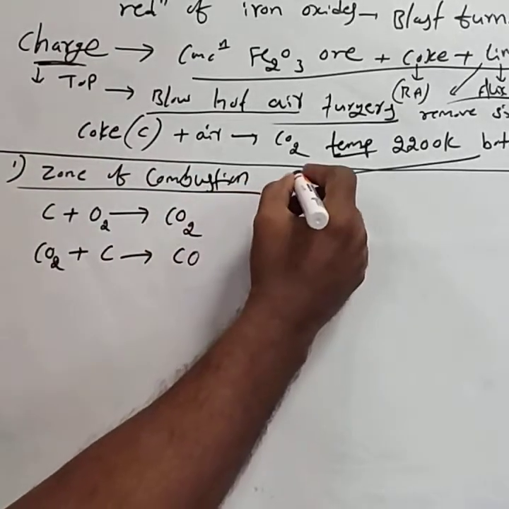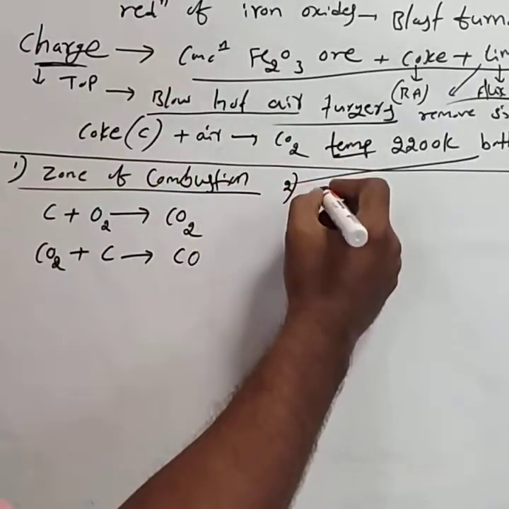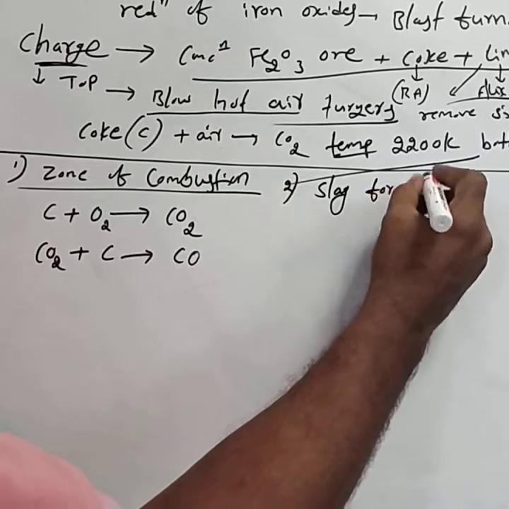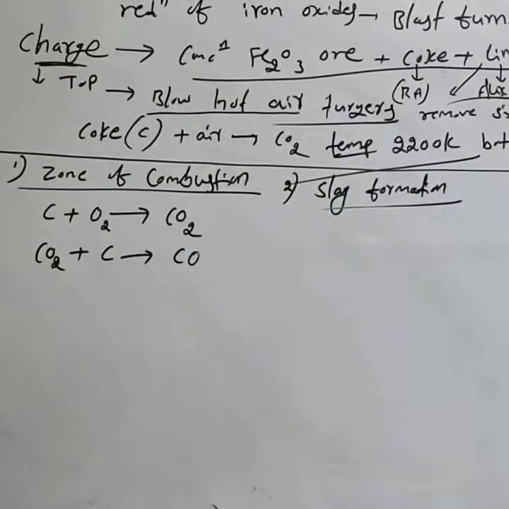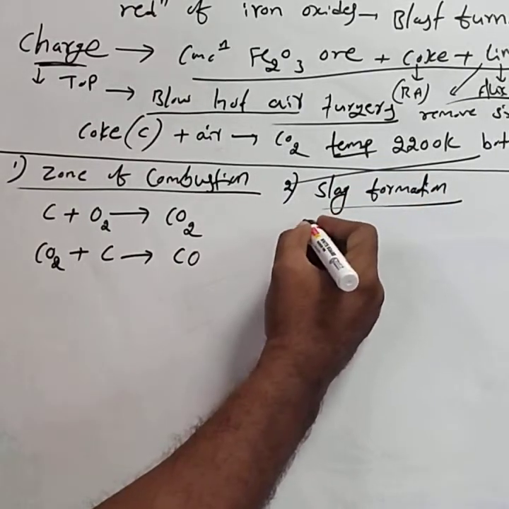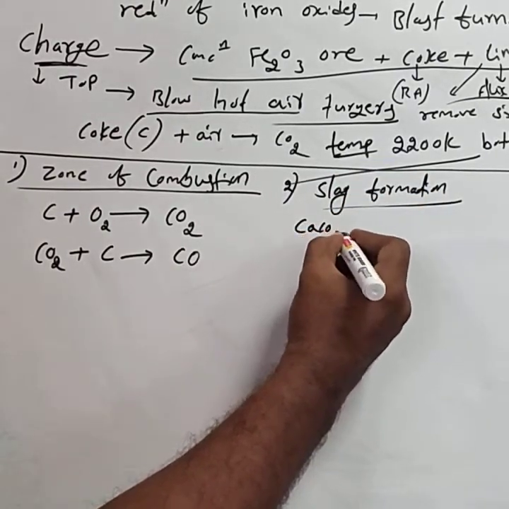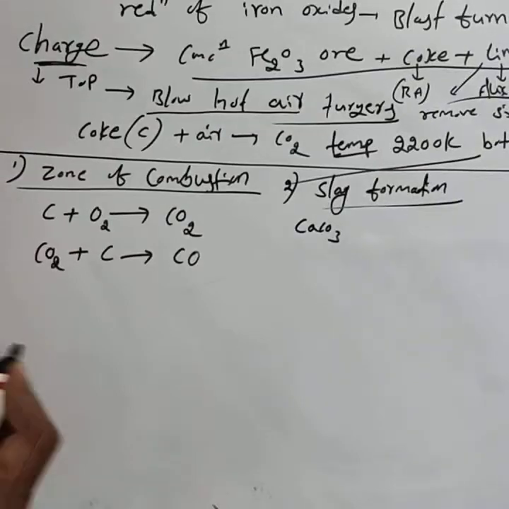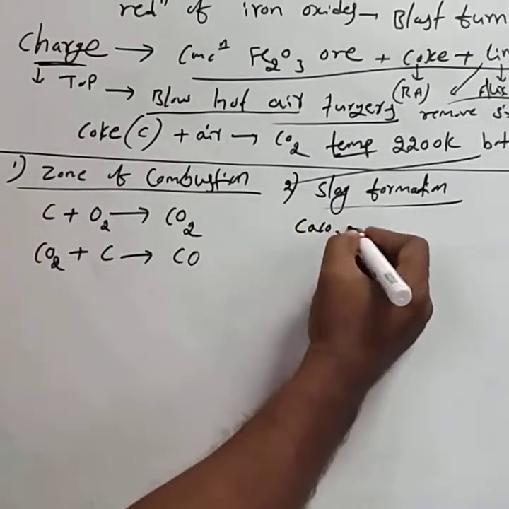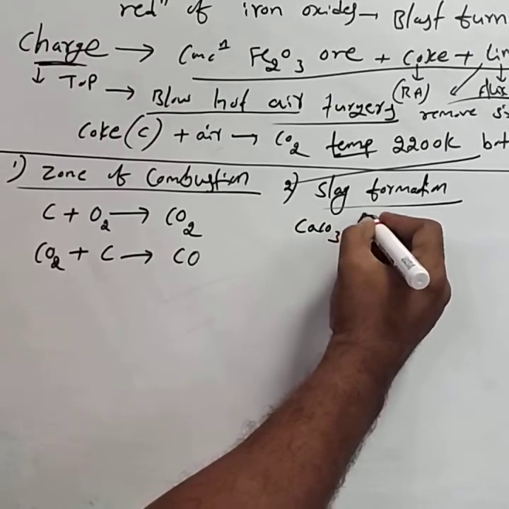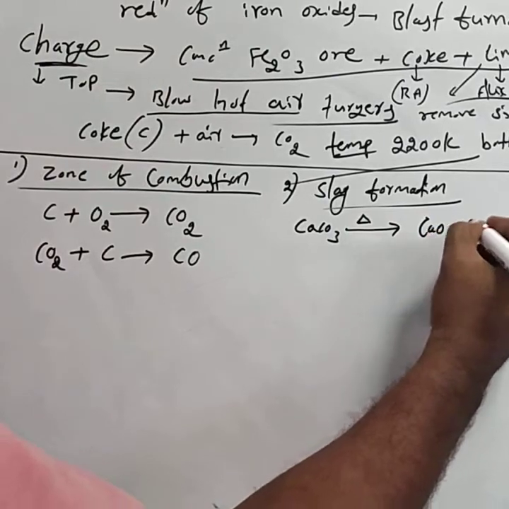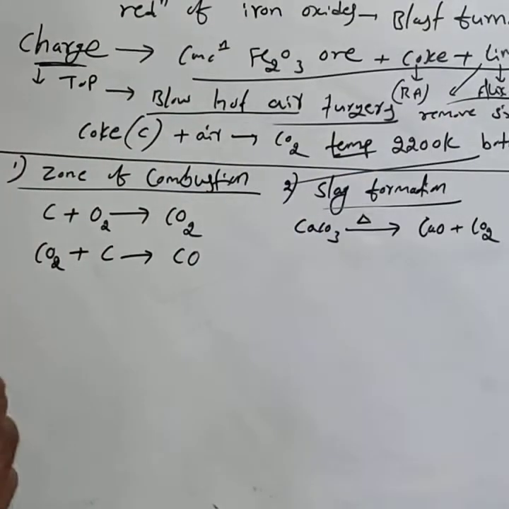Then the second one is the zone of slag formation. In this slag formation, limestone, formula CaCO3, decomposes to give CaO plus CO2.